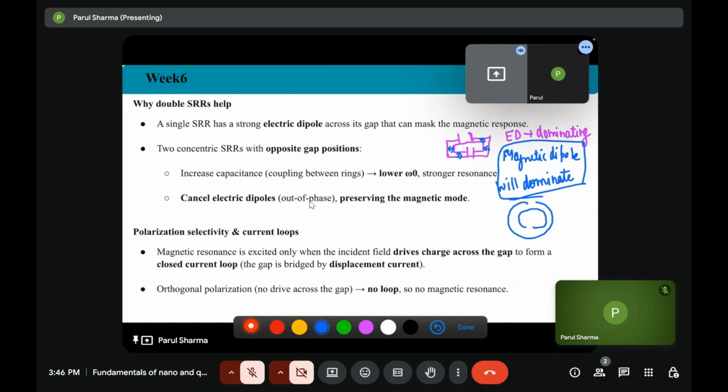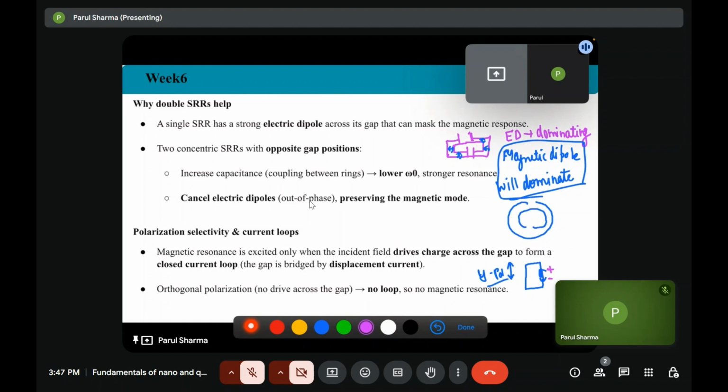So suppose I want to excite. If I have this resonator and I incident my light Y polarized, then only this dipole will be excited, so only the charge is plus and negative.